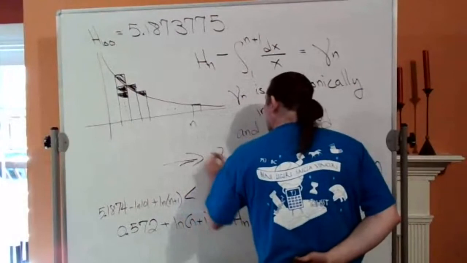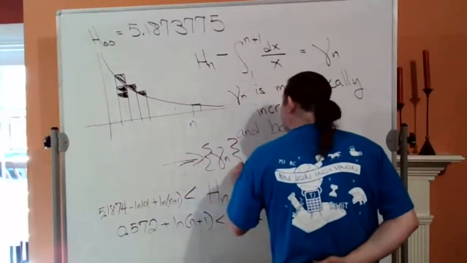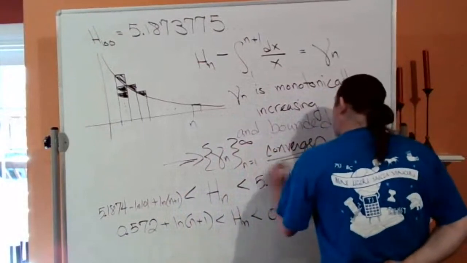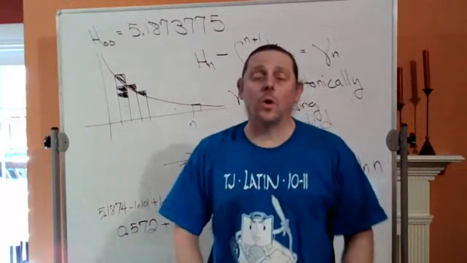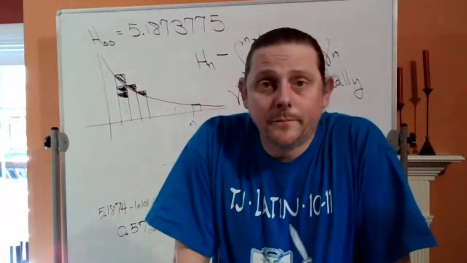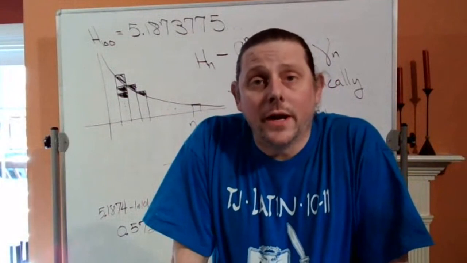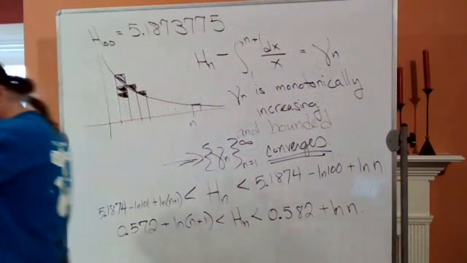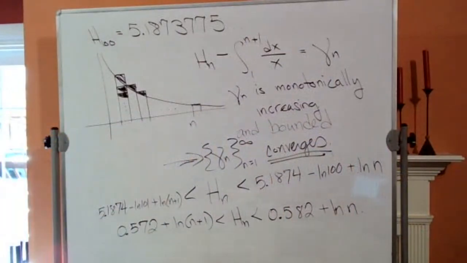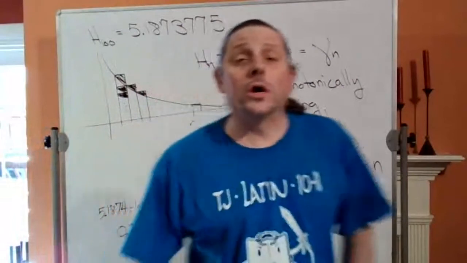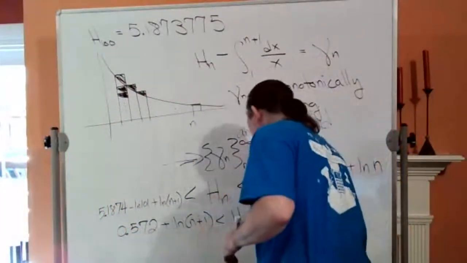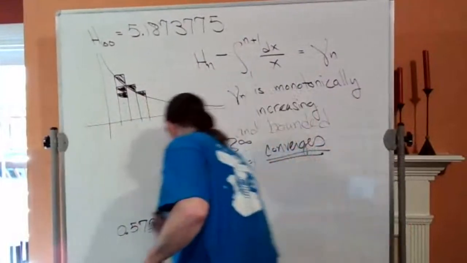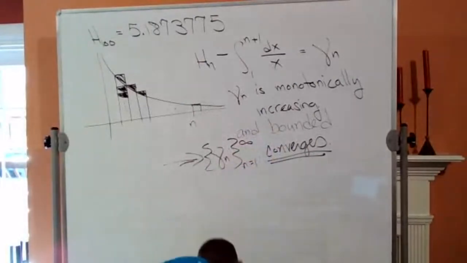Therefore, as we saw earlier, this sequence must converge. The number that it converges to is a very prominent number in number theory and in special function theory. We're going to see it in a lot of different places. It is called the Euler-Mascheroni constant.